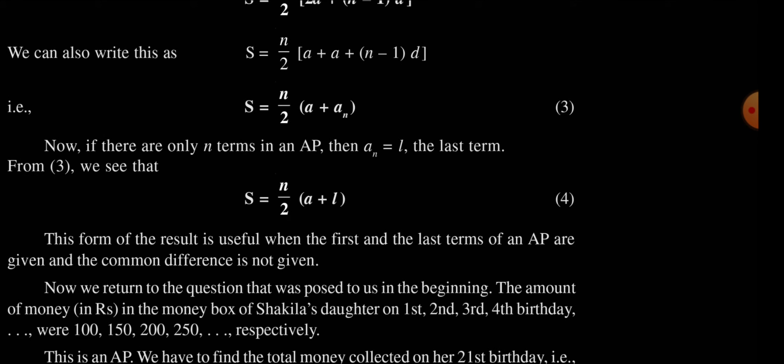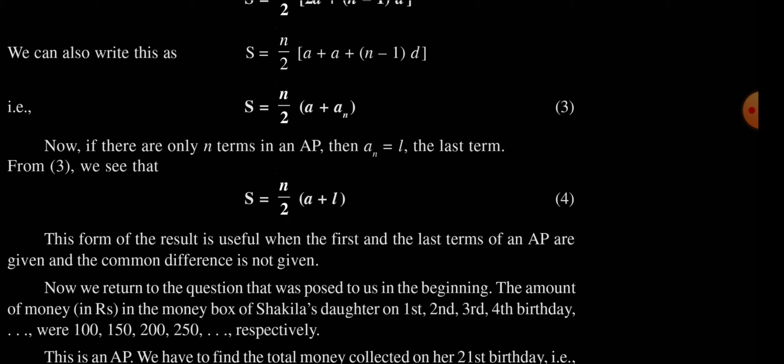We can also write this as S equals n upon 2 [a plus (a plus (n minus 1)d)]. In other words, S is equal to n upon 2 into (a plus a_n).